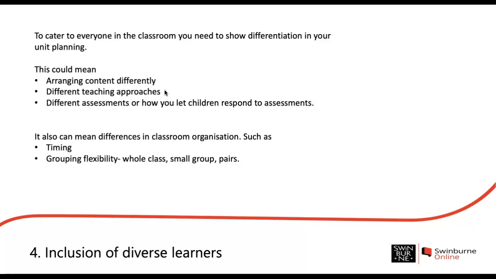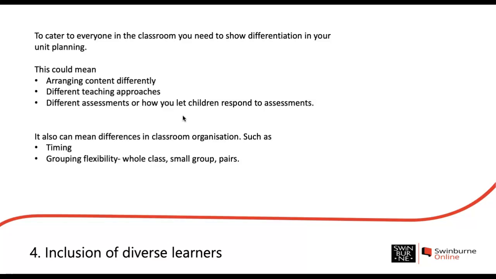I'm actually going to get to timing in a minute, so I'll come back to that point. Different assessments, perhaps. I'm not quite sure if this is actually required, it's just something to consider. So is there a need for a different assessment? If I'm using a probe comprehension assessment on my grade 5/6s and I have a student who's quite low and I don't want to put them through a probe test for whatever reason, even though they go down to 5 years of age, do I need to change my assessment?